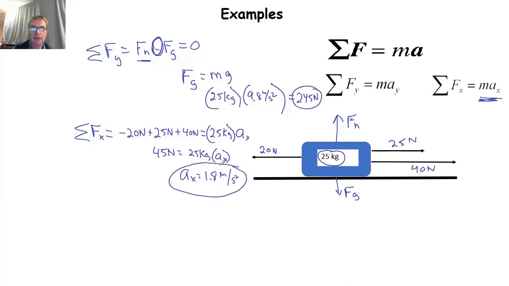So our block is going to accelerate to the right because 1.8 meters per second squared is positive. So that's how we take the forces from our free body diagram, we populate Newton's second law, and we simply solve the equation.